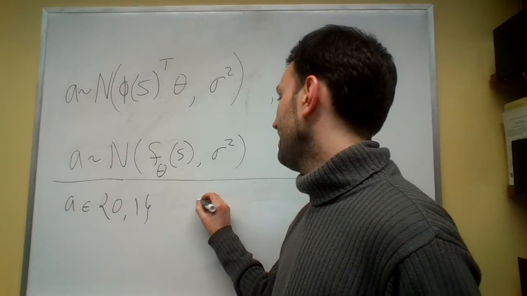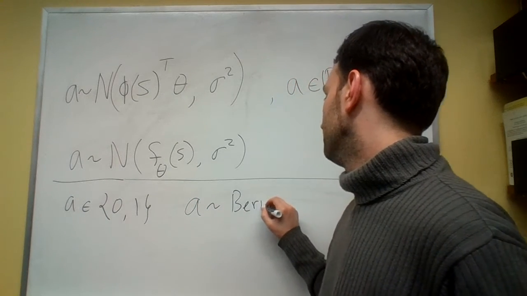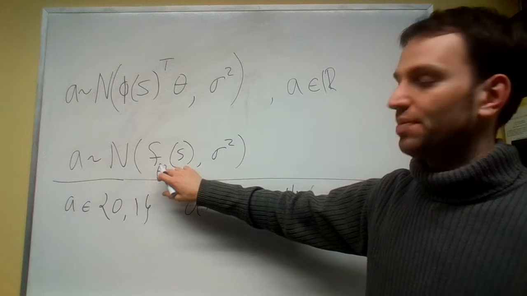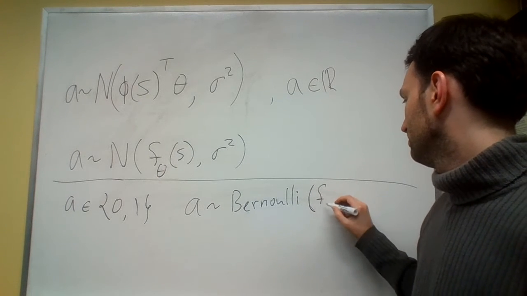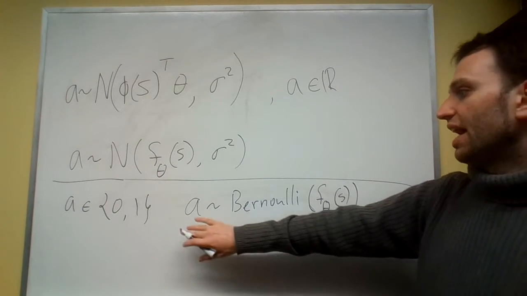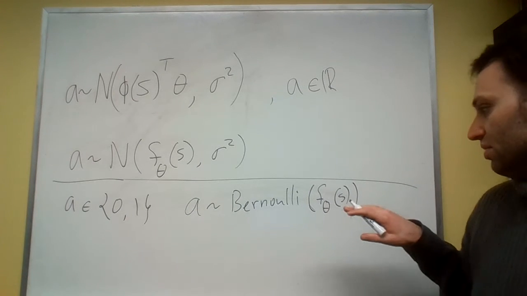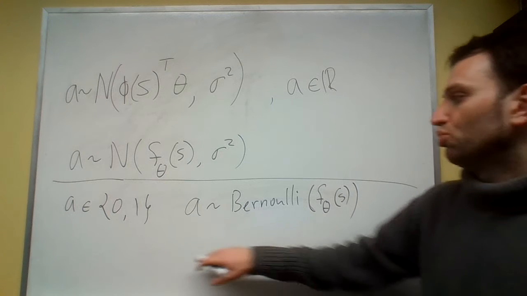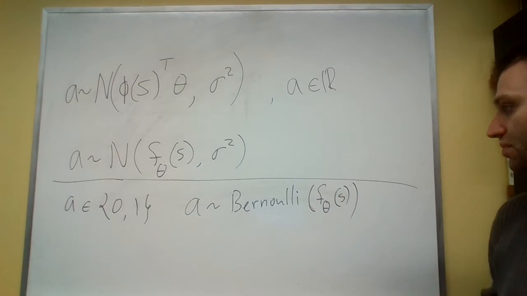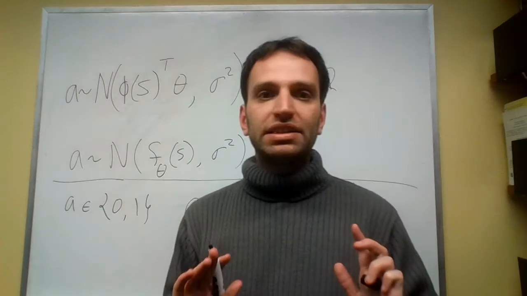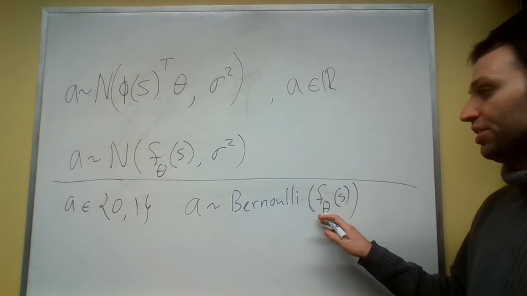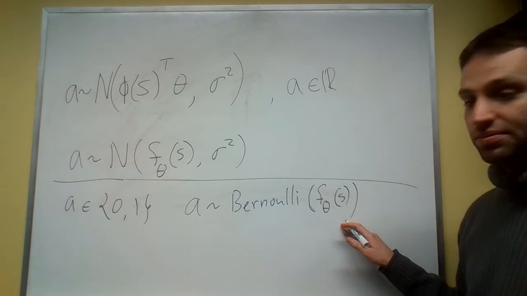So what you can say is that A is going to be Bernoulli of, again, some kind of function that's parameterized by theta of S. And that means that A is going to be 0 with probability 1 minus this, and it's going to be equal to 1 with probability f theta of S. So that requires f theta of S to be a number between 0 and 1, right?